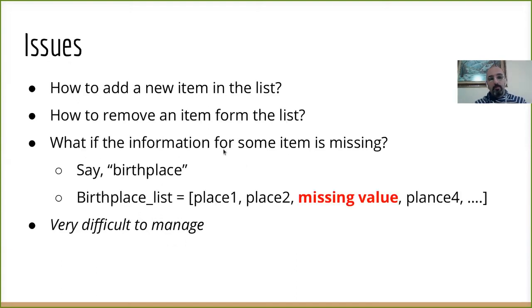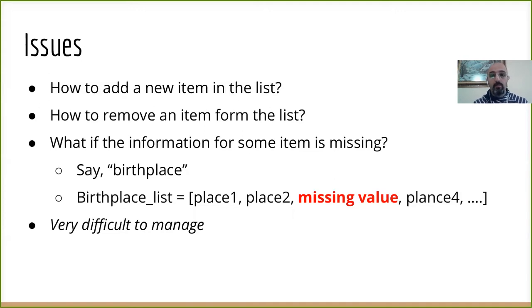But is it something that we can easily manage? What about if we want to add or remove some elements from these lists? We don't have one list, we have several, one for each possible attribute characterizing the person. So if we want to add a new element, we should remember to add all the data to all the lists representing the person.